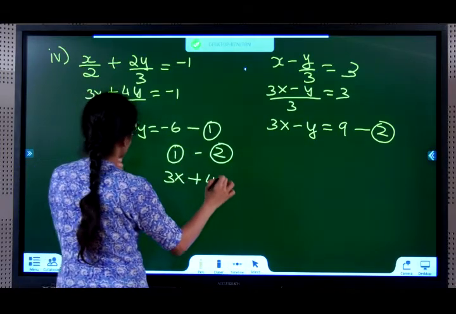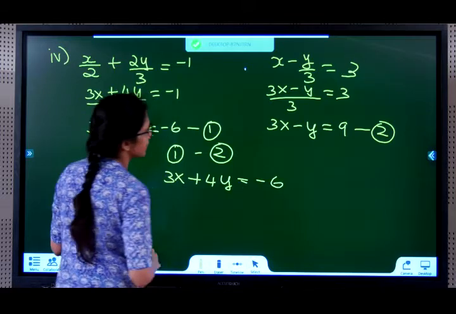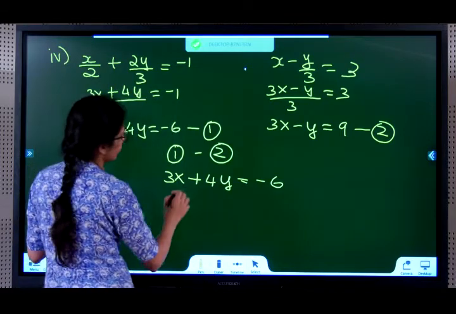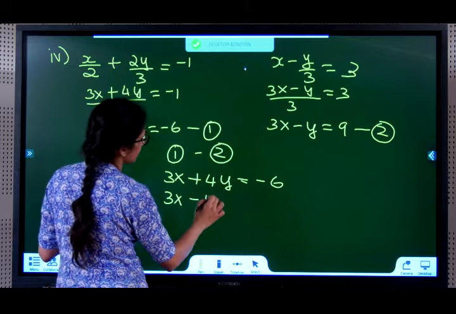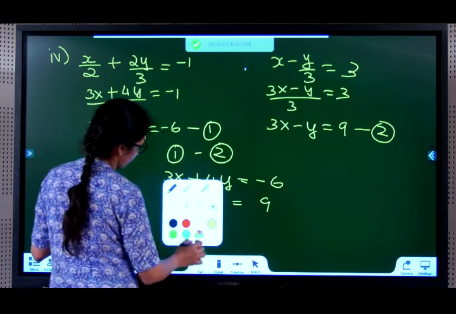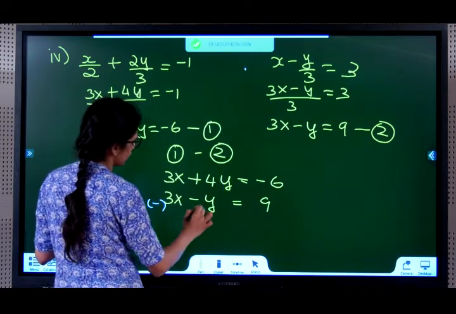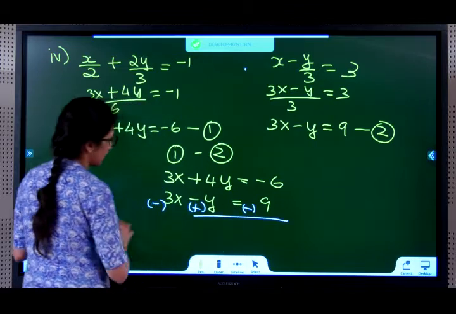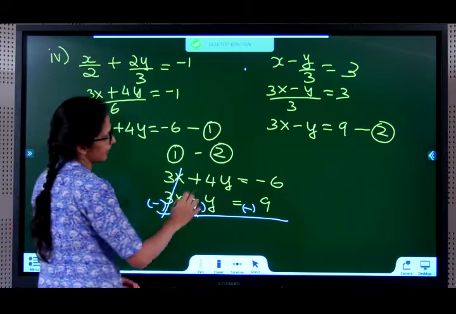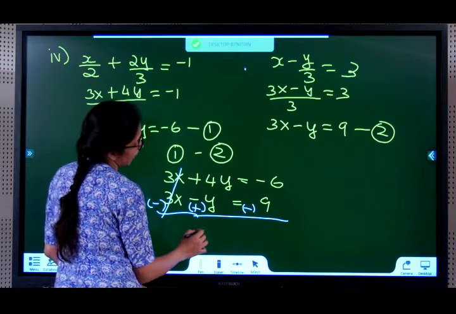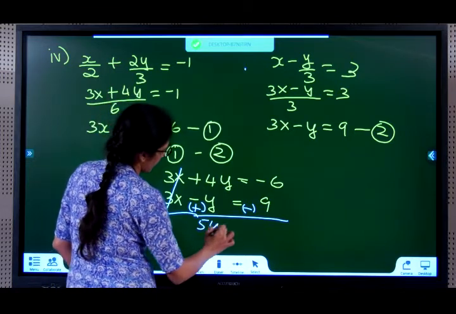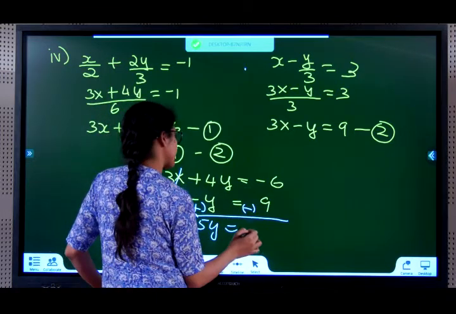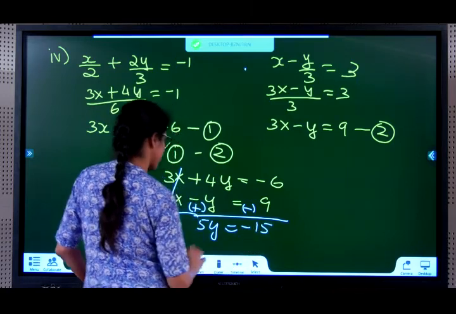3x plus 4y is equal to minus 6. And here you have 3x minus y is equal to 9. We are doing subtraction, so change the signs. 3x minus 3x cancels, plus 4y plus y, 5y, is equal to minus 6 minus 9, minus 15.